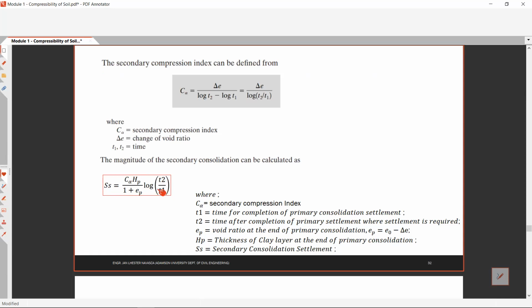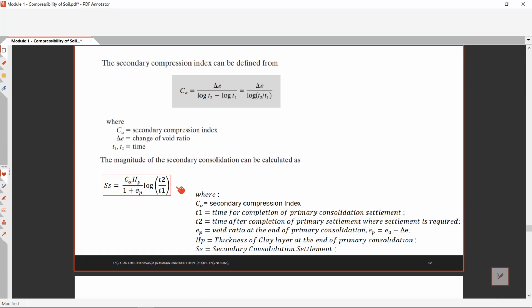So what are those notations? C sub alpha is the secondary compression index. For the times t2 and t1, t1 is the time for completion of primary consolidation, the time when the primary consolidation is complete. And t2 is the time after completion of primary settlement where settlement is required.